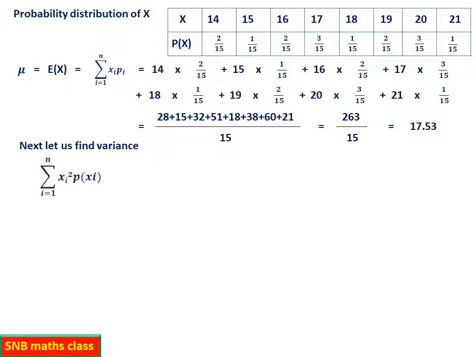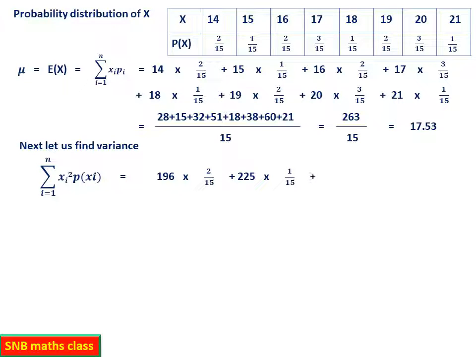Now we have to calculate the variance. Next let us find the variance. First we will calculate sigma xi square p of xi. So this will be equal to 196, because 14 square is 196, into 2 by 15. All the random variable values you have to square.